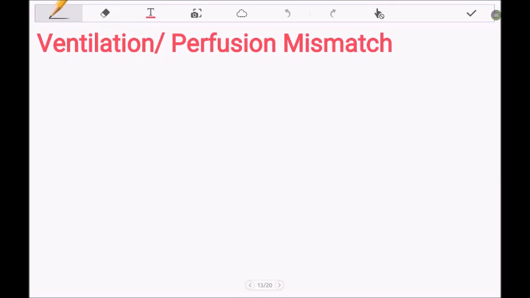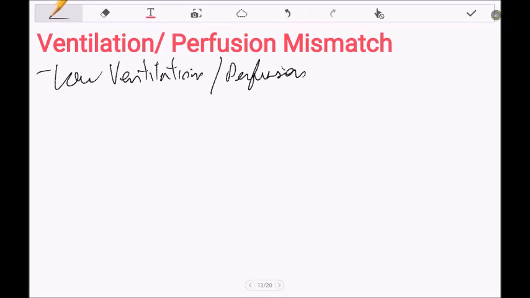So low ventilation compared to perfusion, this would be called a low VQ, right? Low ventilation compared to perfusion, low VQ.